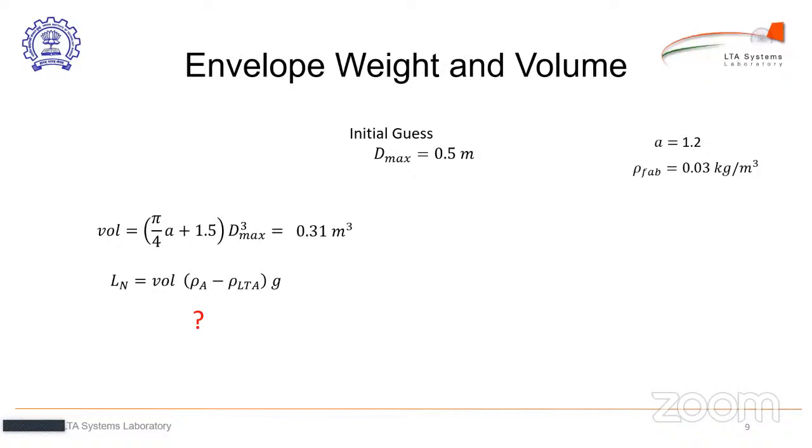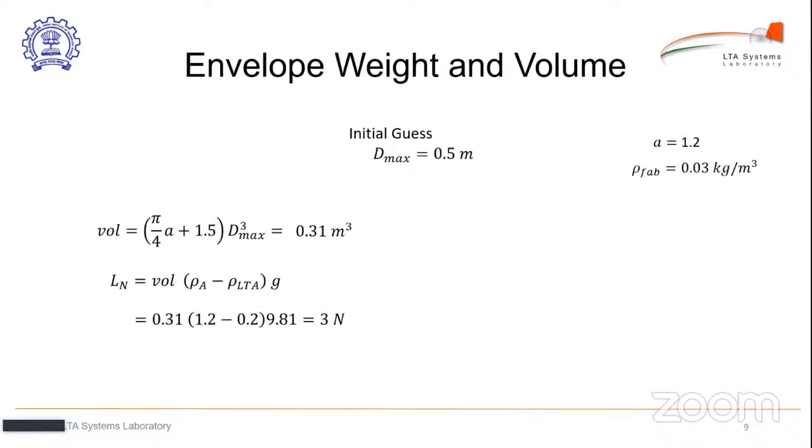There are no responses yet. Maybe you could mention the values for rho A and rho LTA. Yeah, I mean, see, rho A and rho LTA are known, isn't it? Rho A is 1.2 and rho LTA is 0.2.